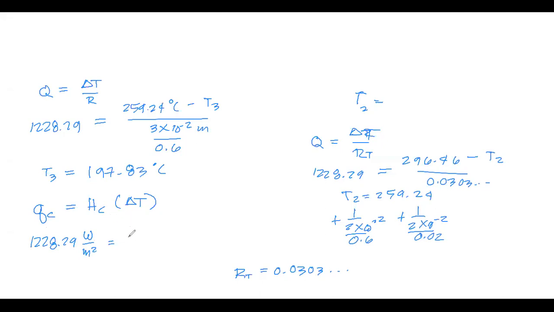Tapos yung HC natin ay 10 watt per meter squared per Kelvin or degree Celsius. So 197.83 minus X. Ito na yung temperature sa labas ng wall, sa air. Sa air na yung temperature na yan.